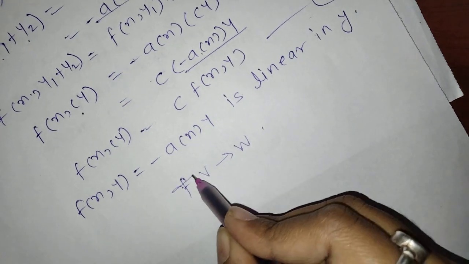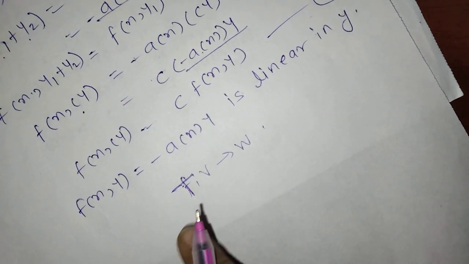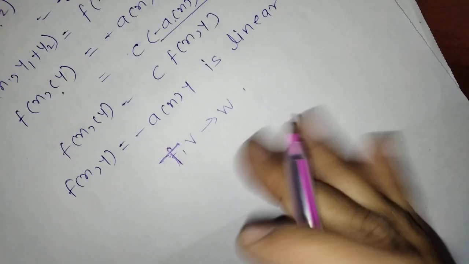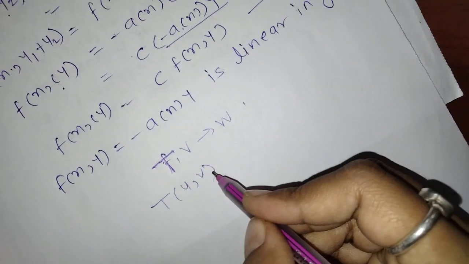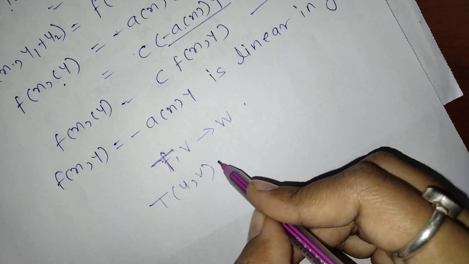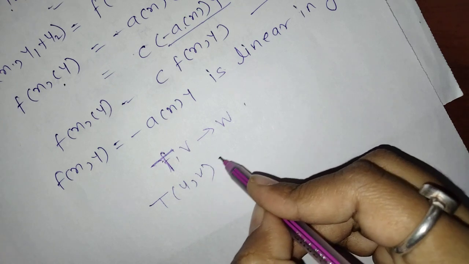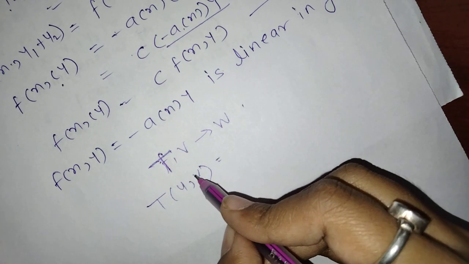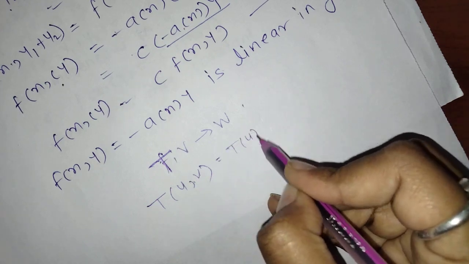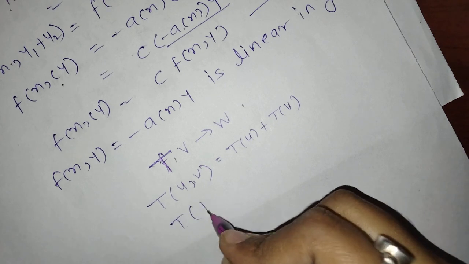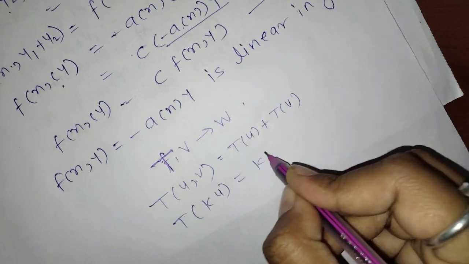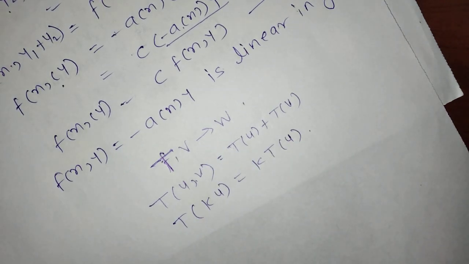Or rather T, for a linear transformation we take T, not F. So T(u + v) = T(u) + T(v), and T(ku) = kT(u) for a linear transformation.